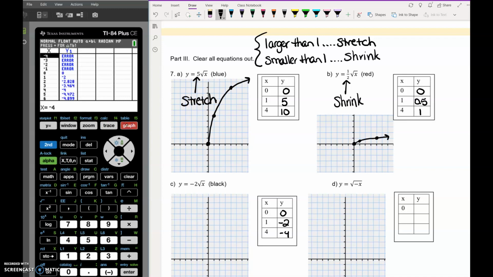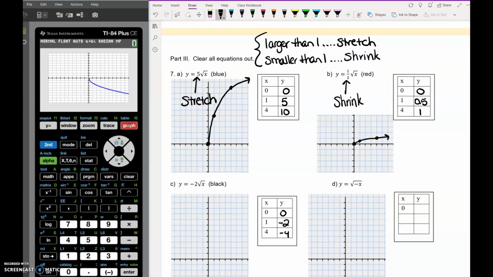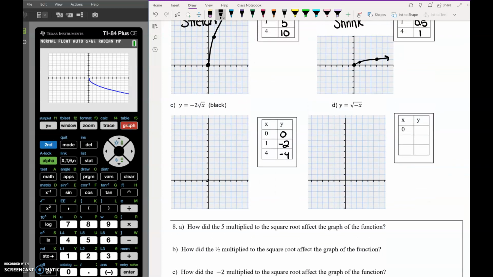Or I could just look at the table instead of guessing on those points. There we go. So 0, 0, 1, -2, and 2, 3, 4. Okay, that negative flips the graph.